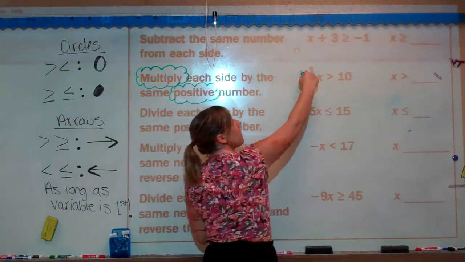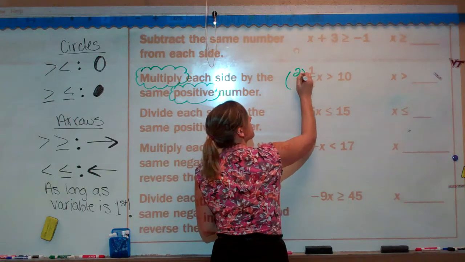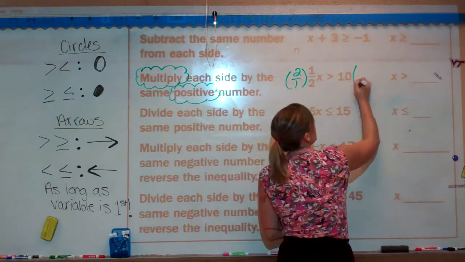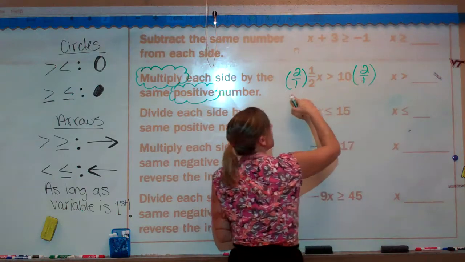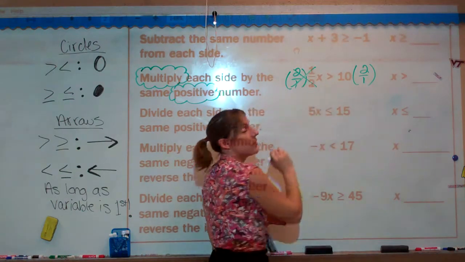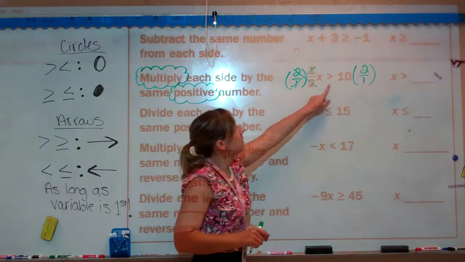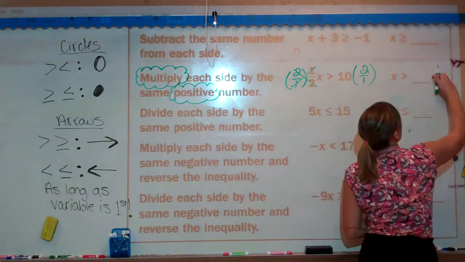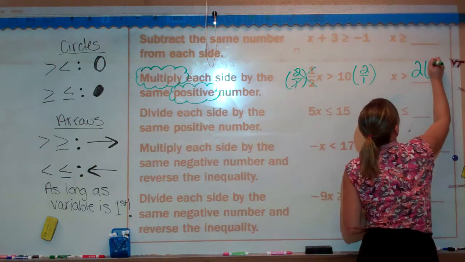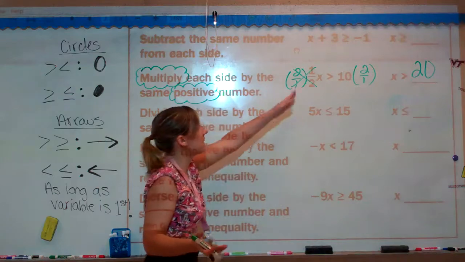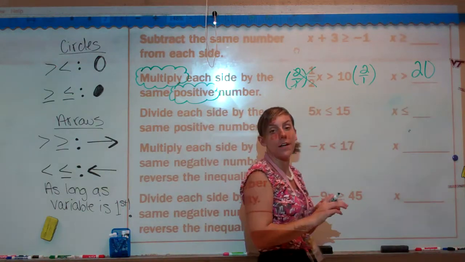To remember, to get rid of a fraction, you can use its reciprocal. That's the multiplicative inverse. That reciprocal will cancel that out. 10 times 2 is just a 20. And we're done. It looks the exact same, greater than here, greater than there.